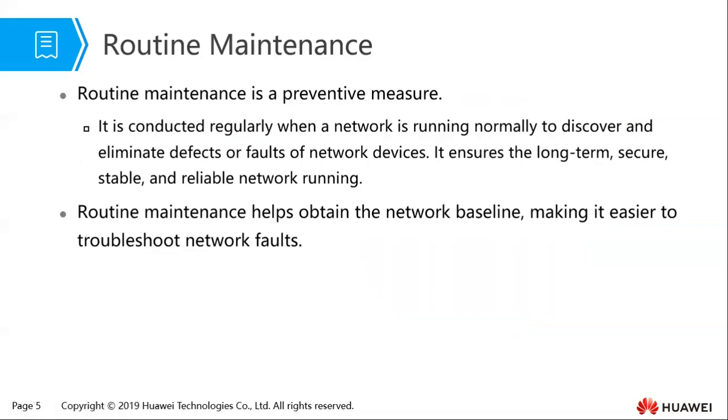So let's begin with routine maintenance and understand a few things about it. Routine maintenance is a preventive measure. You want to prevent problems from occurring in a network. Normally it is conducted regularly when a network is running normally to discover and eliminate defects or faults of network devices.